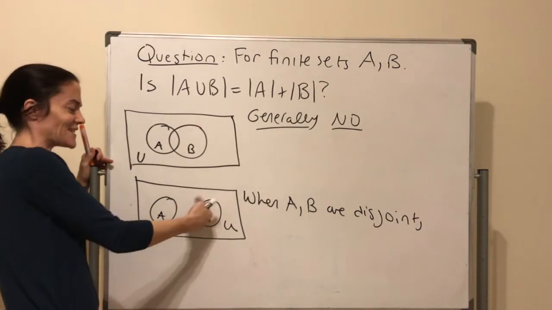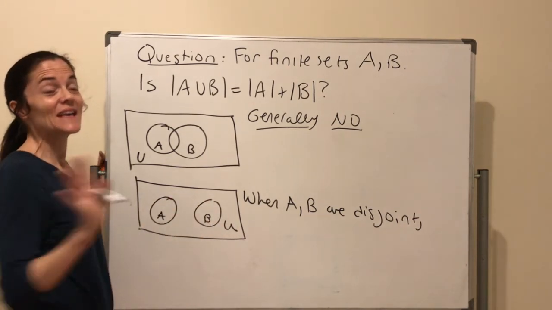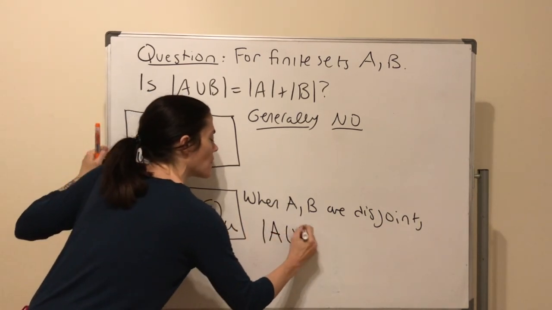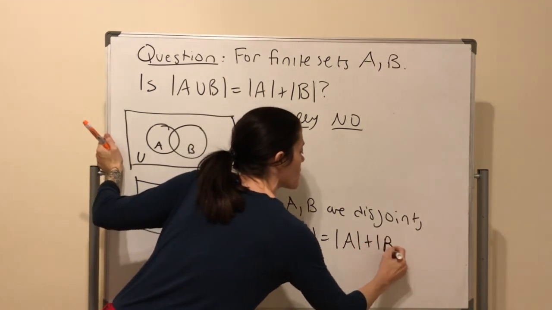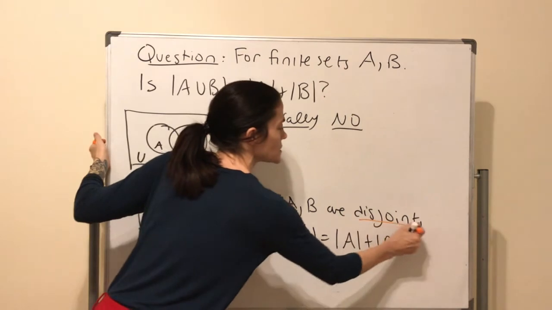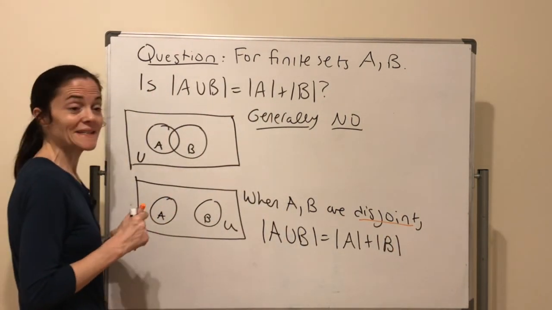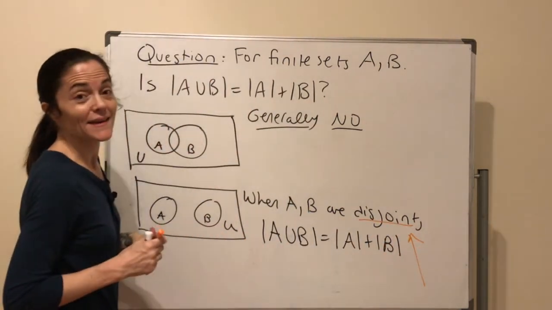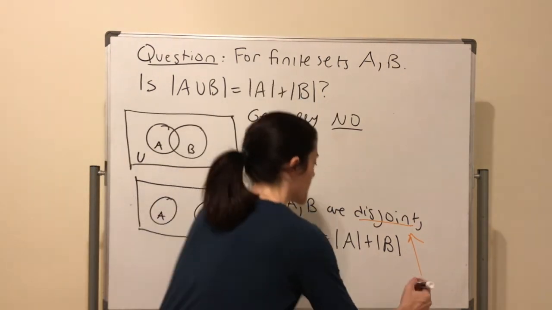You can just add cardinality of A and cardinality of B, and you get the cardinality of the union. And just as a comment, what does disjoint mean? We see it in the picture, but disjoint means that A intersect B is empty.